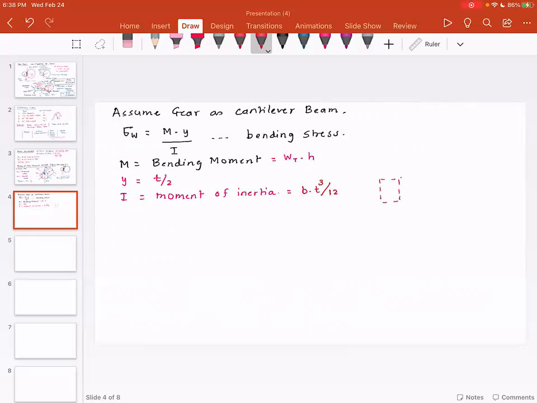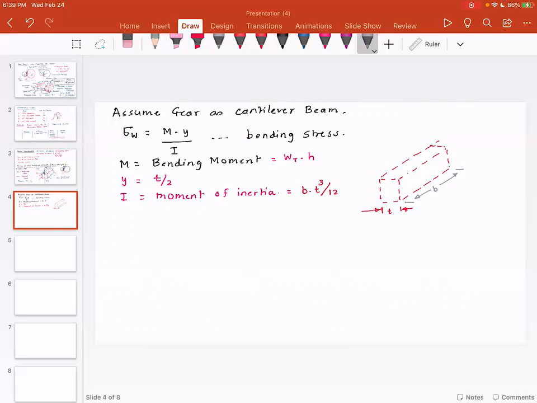Think about it like this is the beam, wherein this is T and this dimension is B. Clearly, this tooth profile is not rectangular, so we need to take that into account.